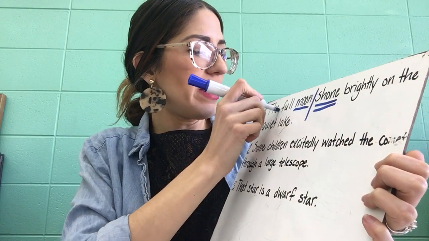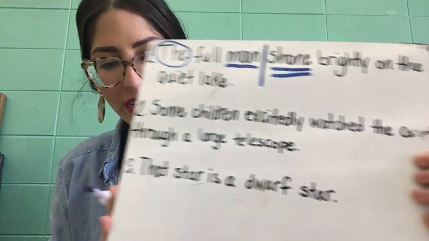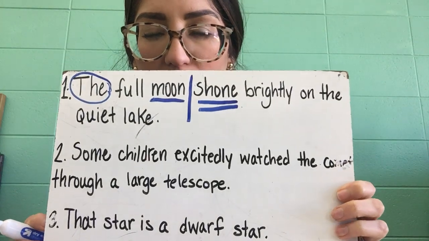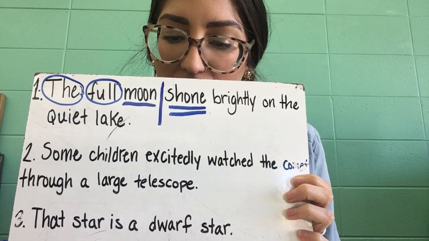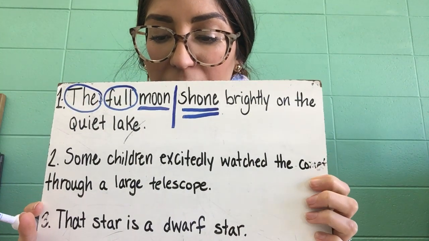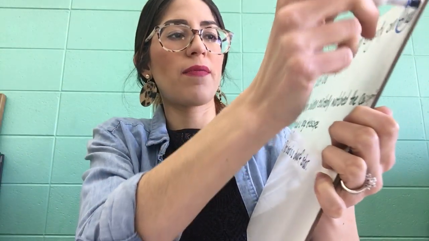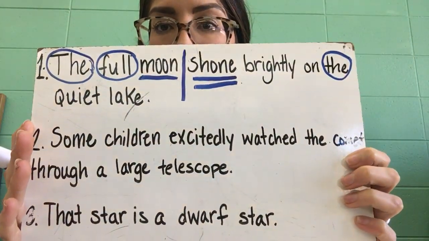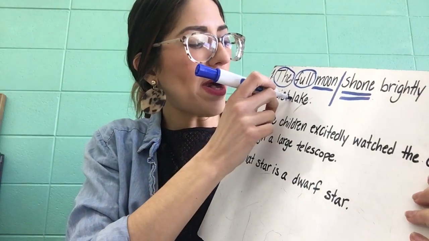That's right, it's the. Good job. What's our next adjective? Good, full. All right. What's our next adjective? That's right, the on this side. Our next adjective? Good, quiet.